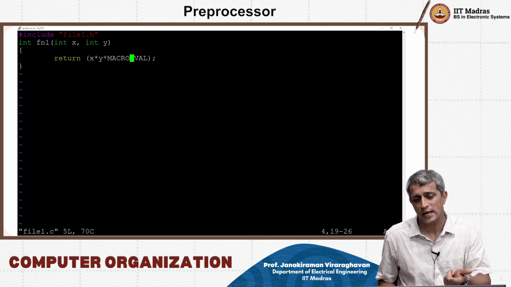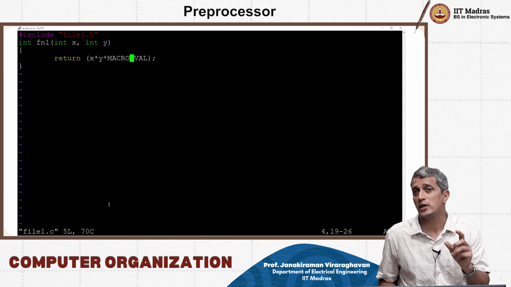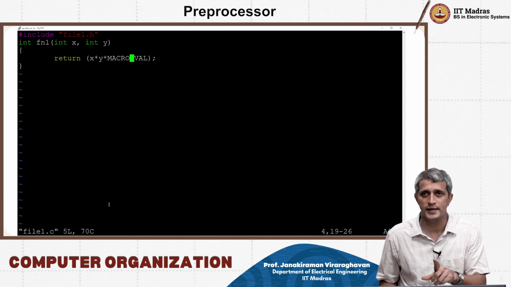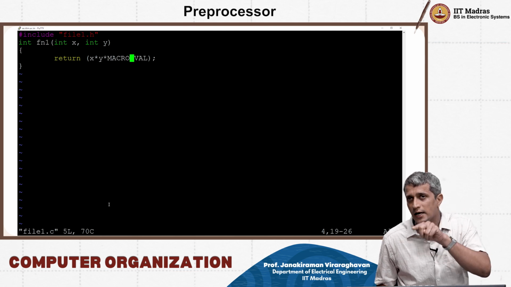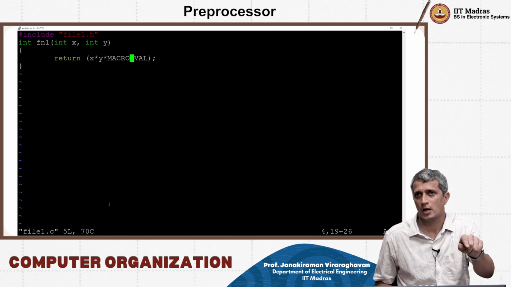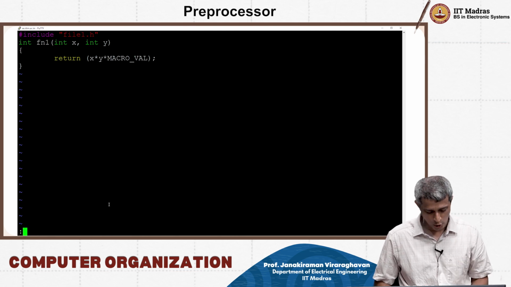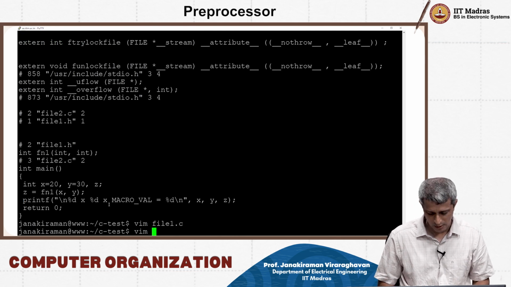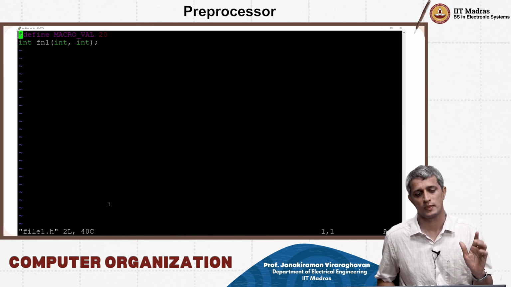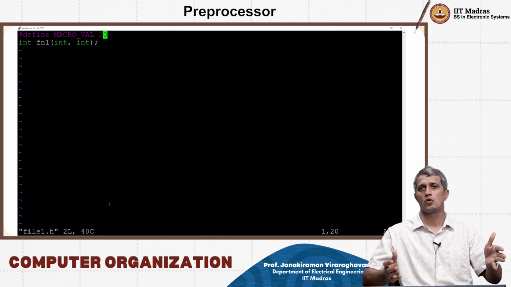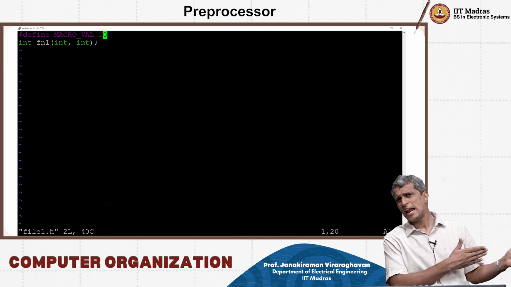So this macro val is like a constant. When you are using such constants, it's always a good design practice to use macros, because they will get replaced during the compilation process, and you can define the macro value in exactly one location here like this. So you can use this macro val as a constant everywhere.